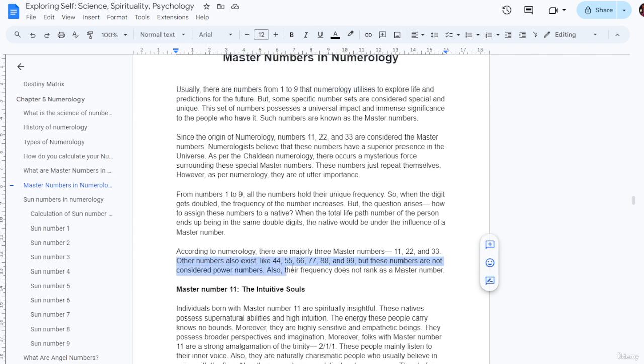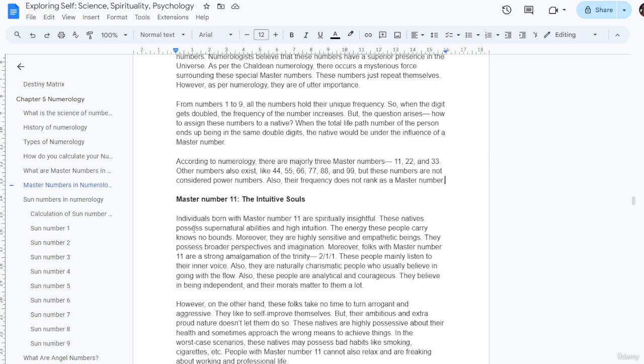But with this, I was quite, I would not say taken aback, but quite confused, as other numbers also exist, which is 44, 55, 66, 77, 88, and 99, that are not considered power numbers. Frequency does not rank as master number, so even if it does add up to that, it does not count.